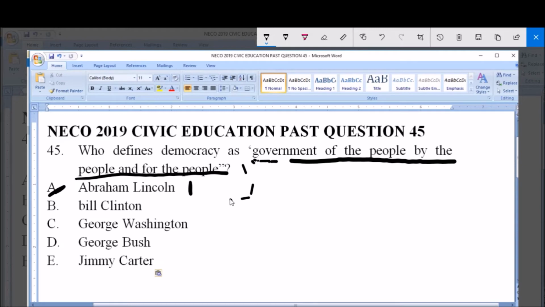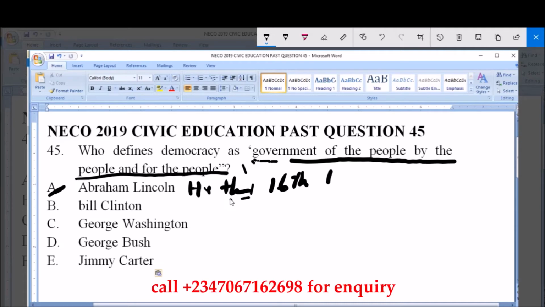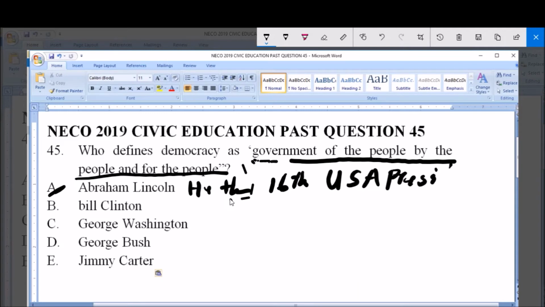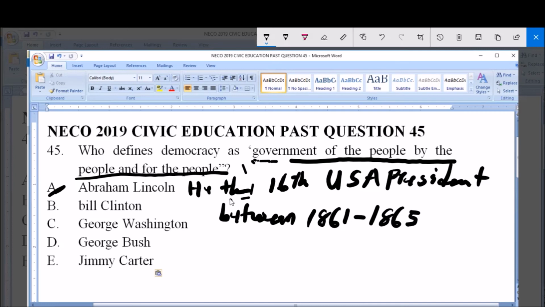Yes, he was the 16th USA president, between 1861 to 1865, and that is when he defined democracy as the government of the people, by the people, and for the people.